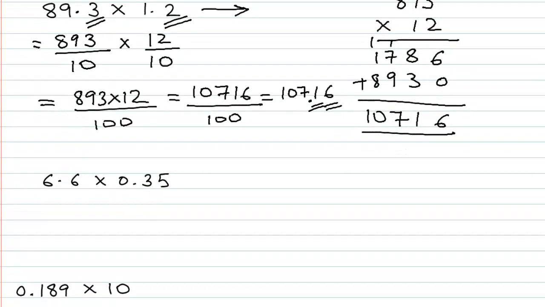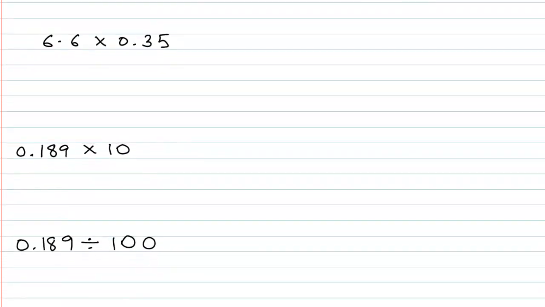In order to get more clarity, let us deal with this second sum. What is 6.6 multiplied by 0.35? Just ignore these decimal points and we have the numbers 66 and 035, and 035 is nothing but 35.